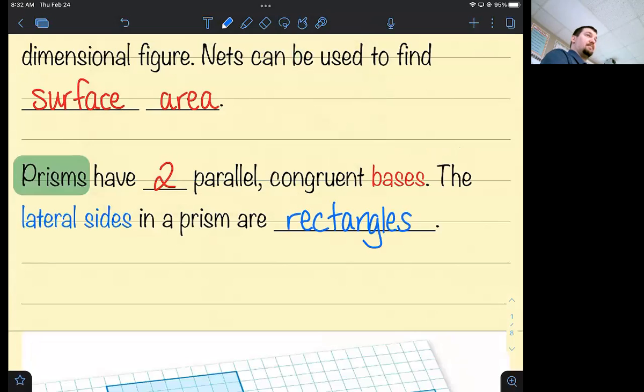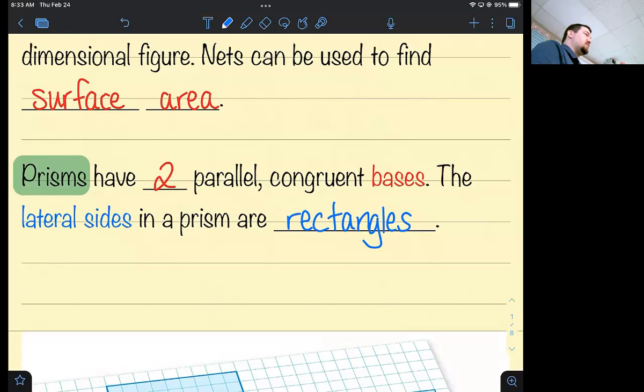There are lots of different types of prisms. We're also going to look at triangular prisms. We're going to look at circular prisms, which have their own special name, cylinders. There's pentagonal prisms, hexagonal, heptagonal, octagonal, nonagonal, decagonal, undecagonal, dodecagonal prisms. They all exist, and it goes on. You can keep adding sides if you want to.